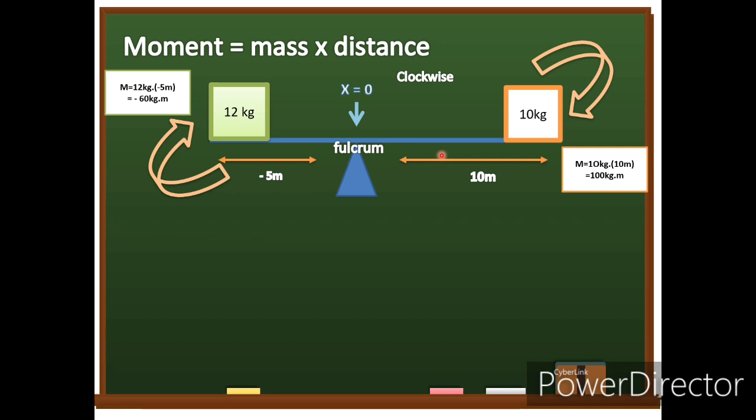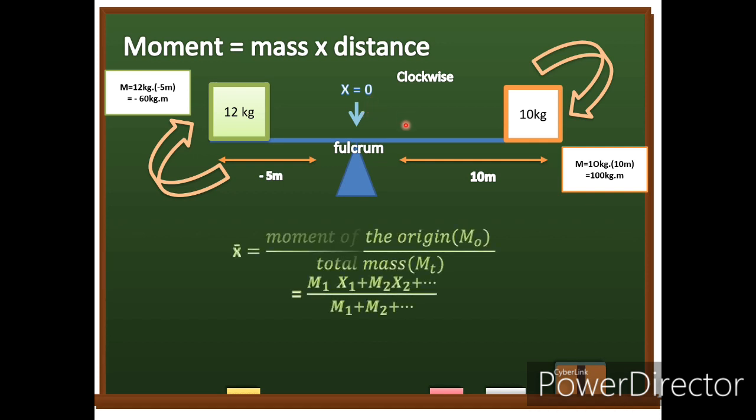To find the center of the object, we need to consider our x at the origin, or 0. This is the equation to find the center of mass if it is located on the x-axis.